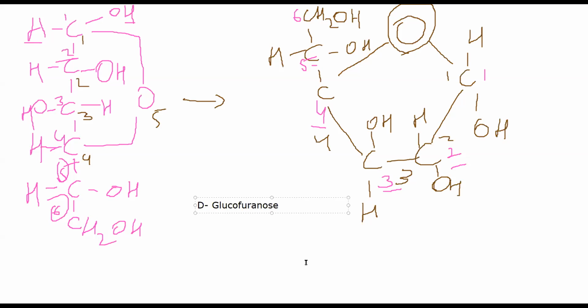Now let's get to oligosaccharides. Oligosaccharides will be anything that has 2 to 10 sugars, right? The other day when we were discussing carbohydrates, I told you oligosaccharides are those that have 2 to 10 sugar units.